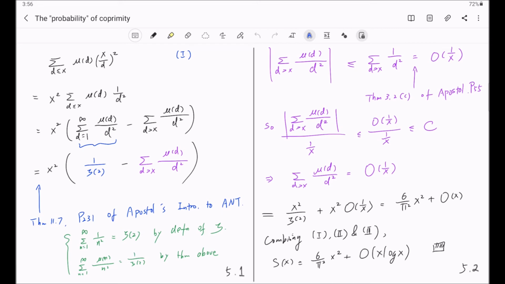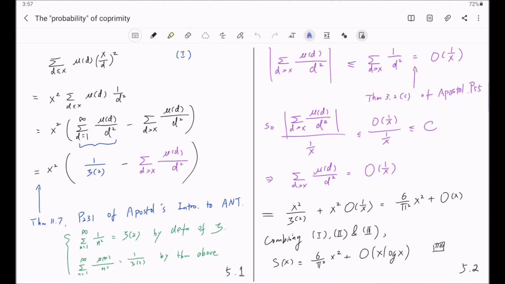And the first infinite sum can be calculated directly with the help of a theorem in Apostol's book, which involves Euler's identity. And the second sum has an asymptotic formula given by another theorem just in calculus, and you can also find it in Apostol's book.